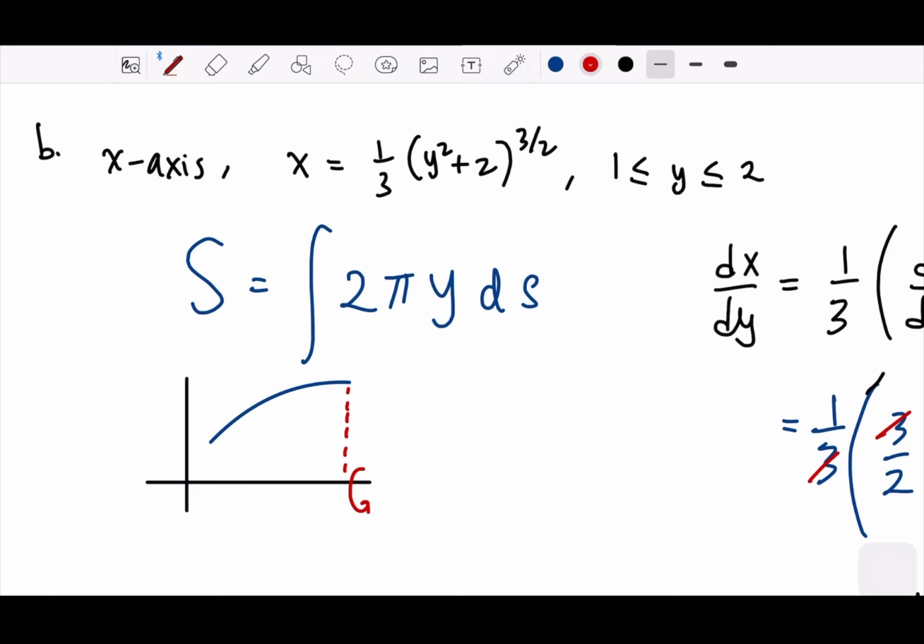So the radius is here, which is, what's this length? y, right? Okay, so this is y. In the first question we had a function of x, so when we multiplied into this equation, we could change y into a function of x. But now our function is a function of y. So we keep this y over there.